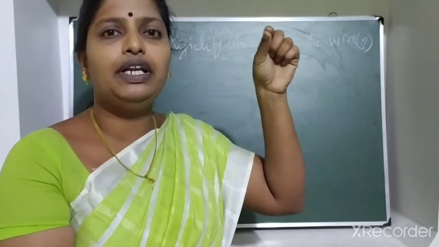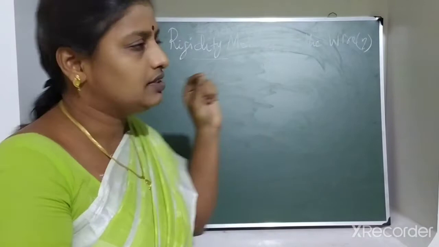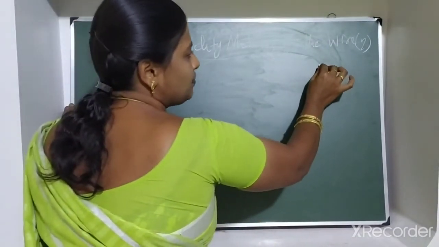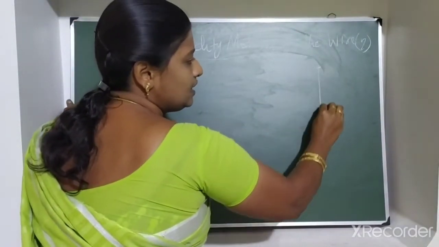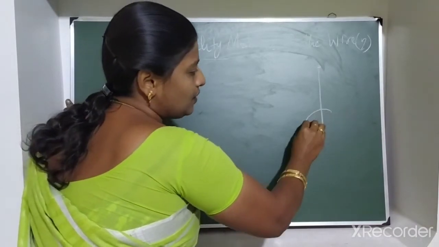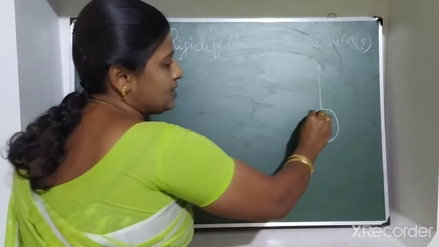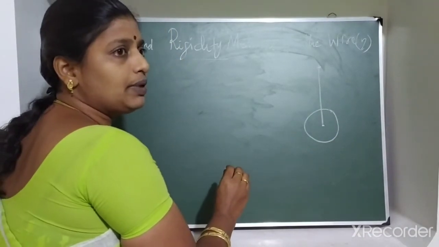And torsional pendulum means a particular length of wire is taken. One end of this length of wire is fixed, and the other end is attached or clamped at the center of the axis of a circular metallic disc. Consider the circular metallic disc.